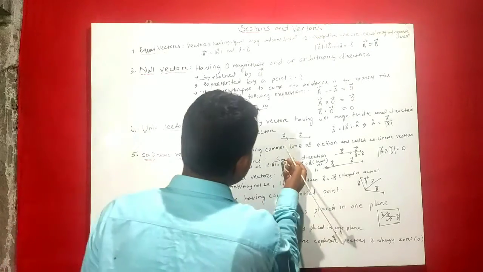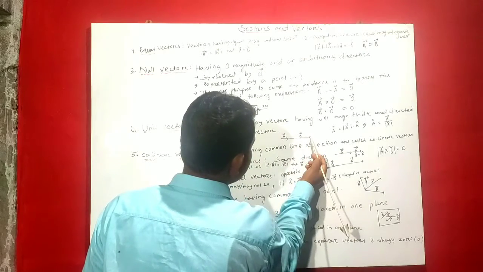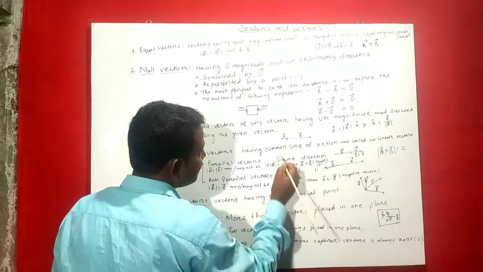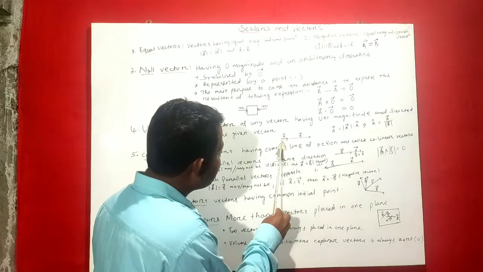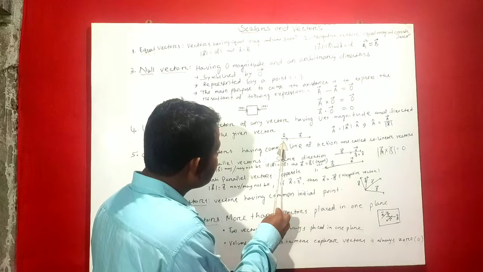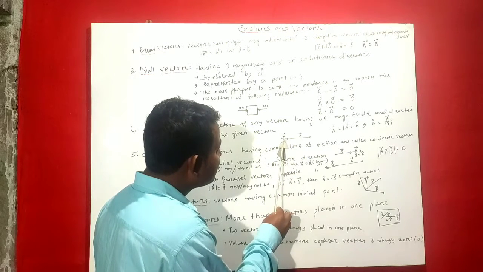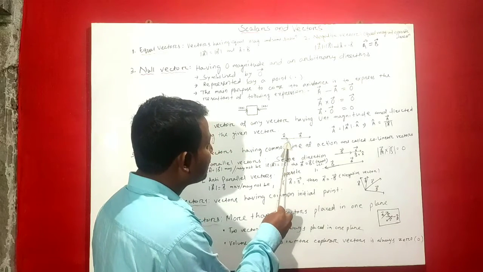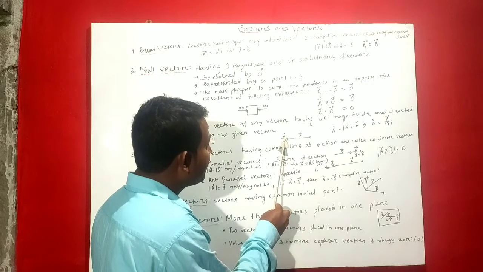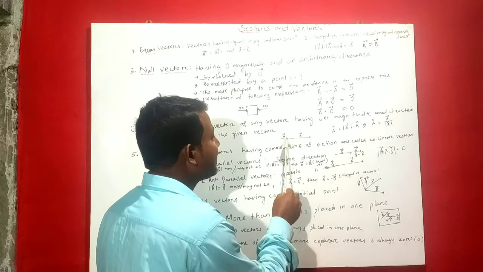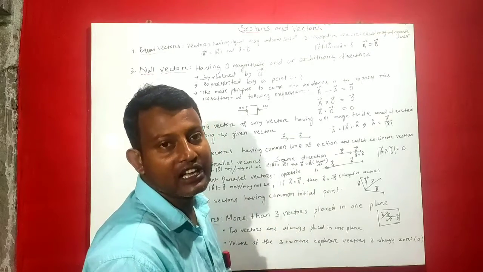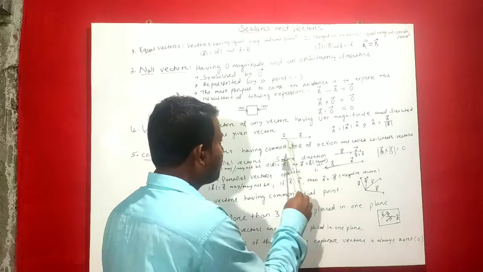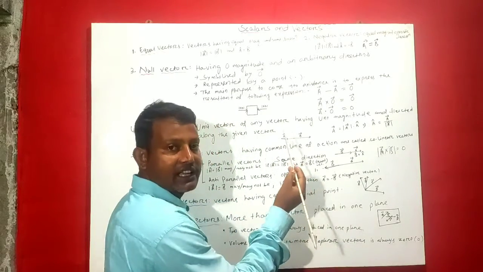Let A be a vector and another vector be A cap, a unit vector having unit magnitude and the same direction as A. Then this unit vector can be represented as A cap, with an inverted V above A. This is the unit vector of A, and we read it as A cap.